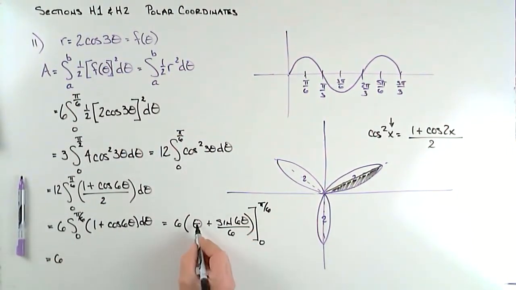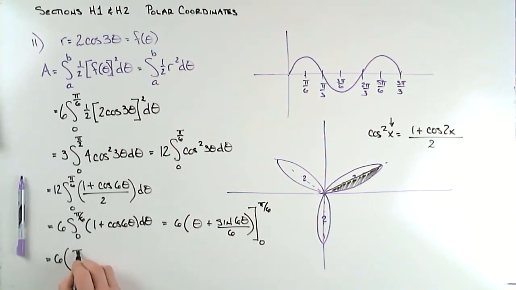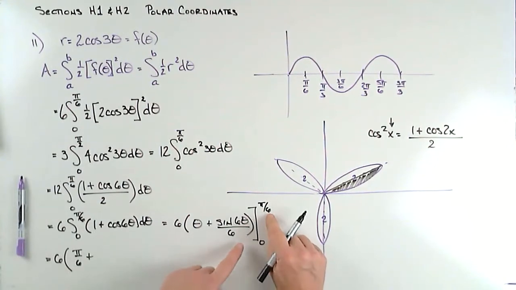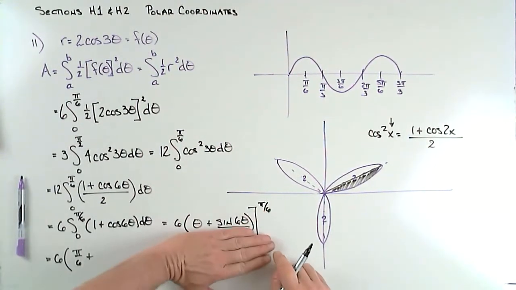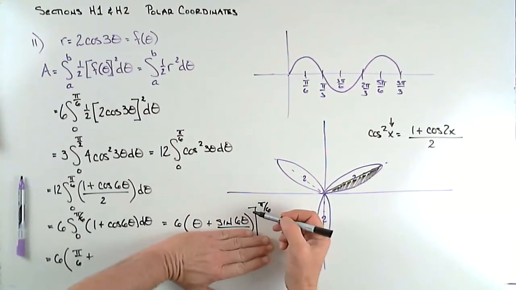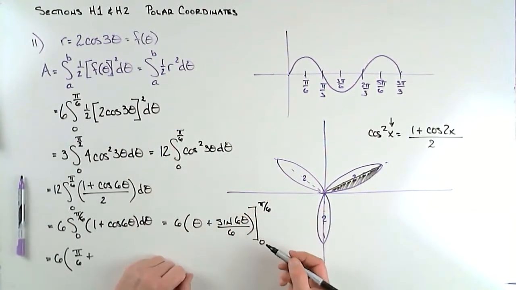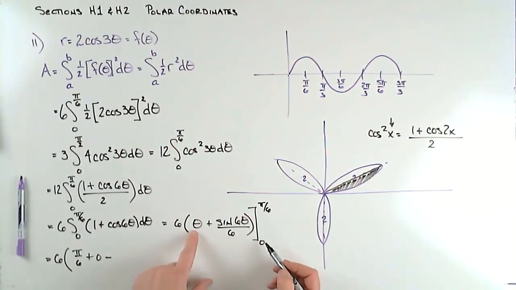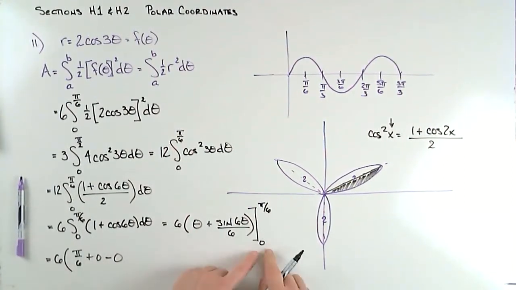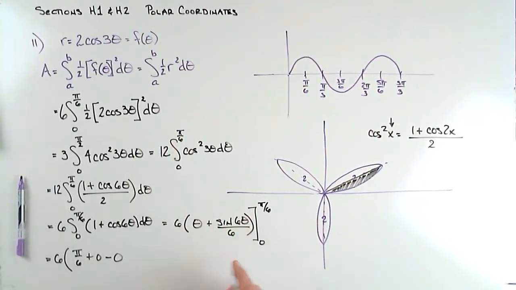We're going to plug in pi over 6, so that theta becomes pi over 6, plus, we're going to put pi over 6 in for this theta. Pi over 6 times 6 is going to be pi. Sine of pi is 0, so that's gone. Minus, now we put the 0 in here, we get a 0. Here, of course, we get sine of 0, that's 0 as well.